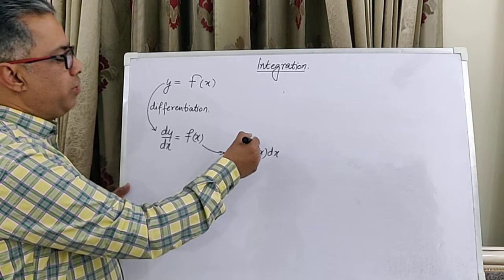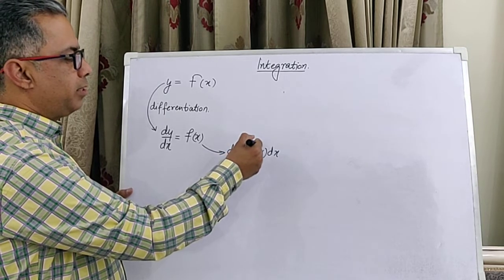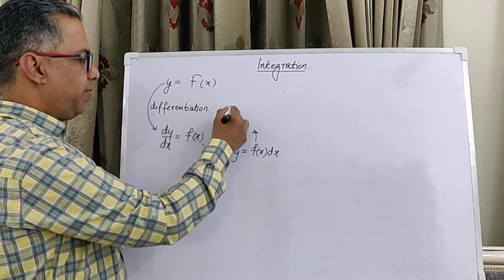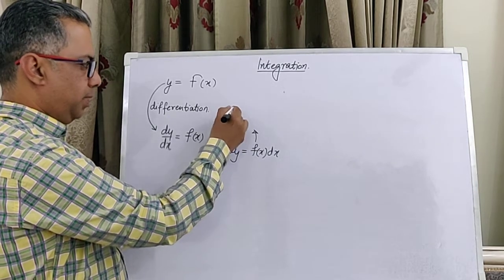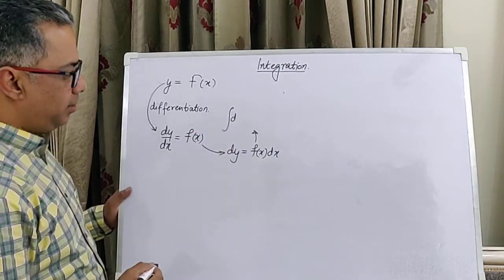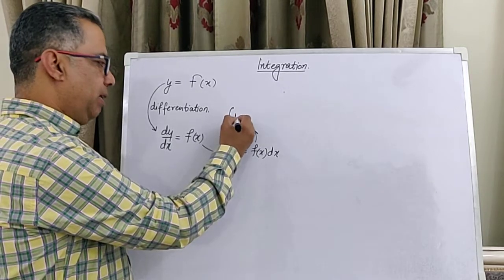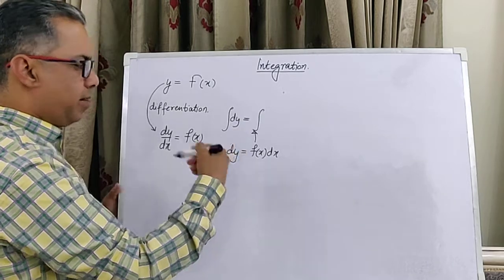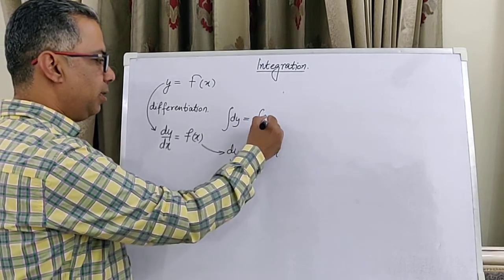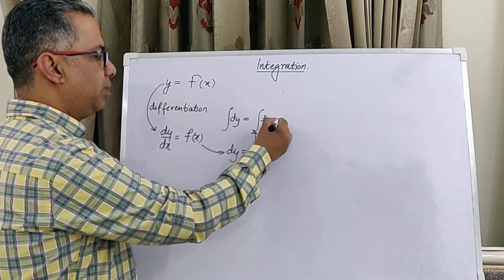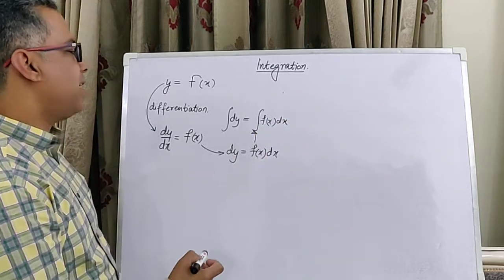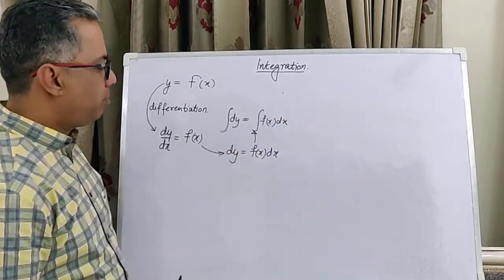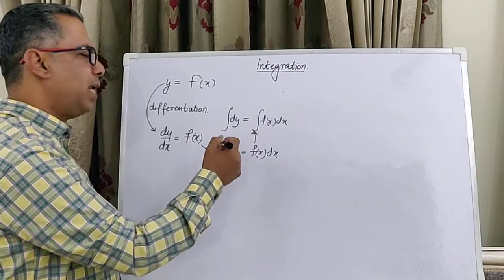And now we carry out a process called integration. For that we have a symbol, it's this symbol here, dy integrated, and also on the right hand side we carry out the same process, basic concept of mathematics, that in an equation, if we carry out the same process on both sides, the equation remains valid.